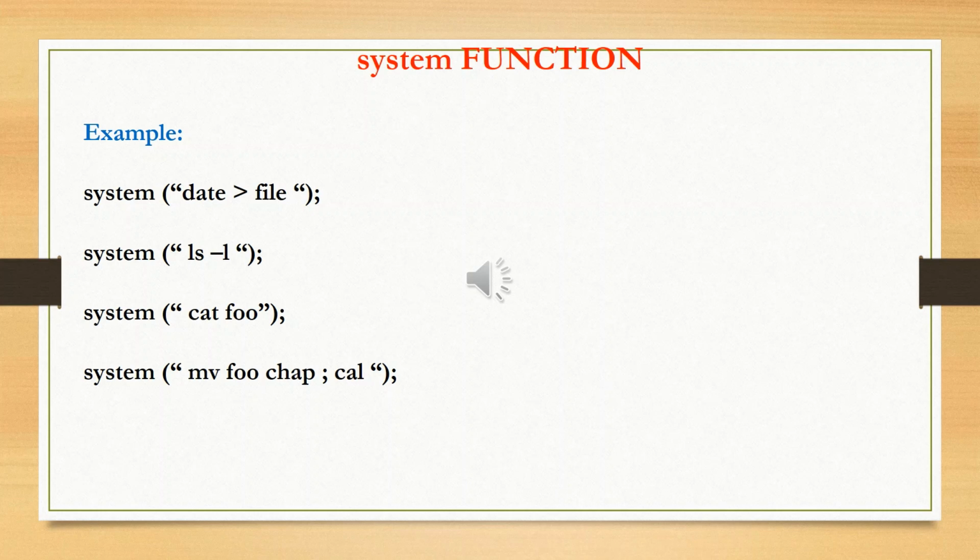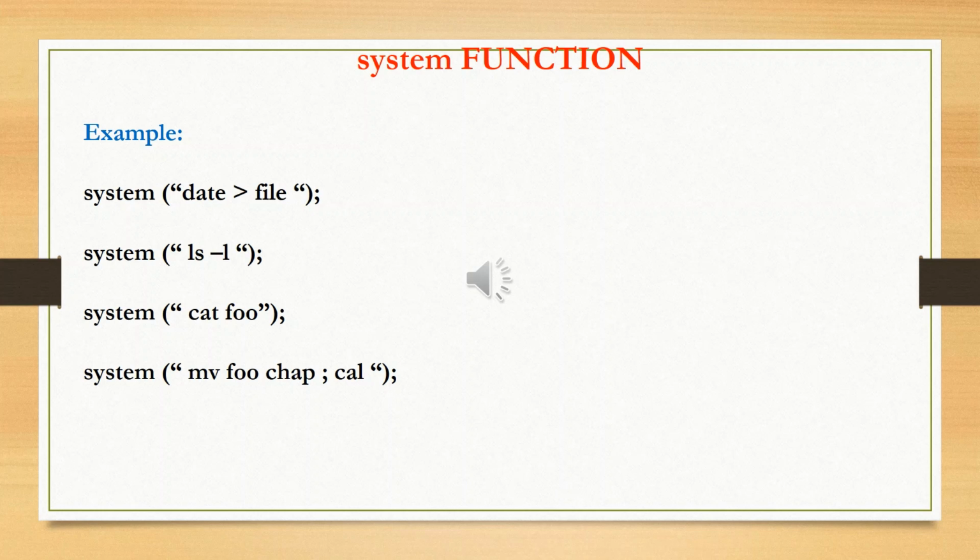First is date, where the date is typed and executed into the corresponding file. Then system("ls -l") prints the files with all types of permissions, links, user, owner, and the date and time the file was last modified.